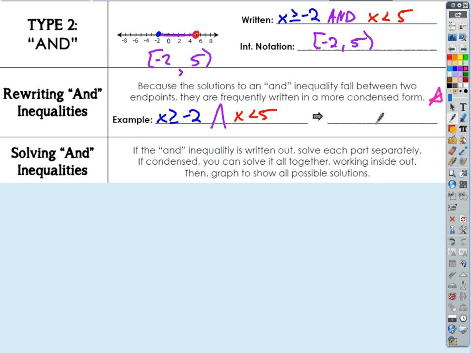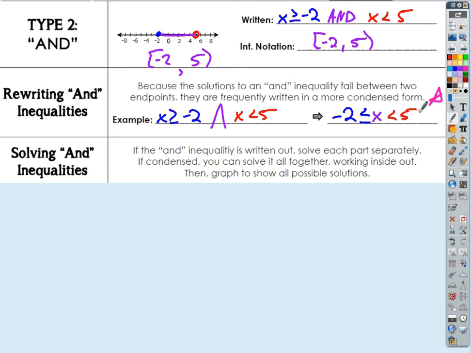I'll start in the middle and I'll say x is greater than or equal to -2 and less than 5. Look at that. That's really good, isn't it?